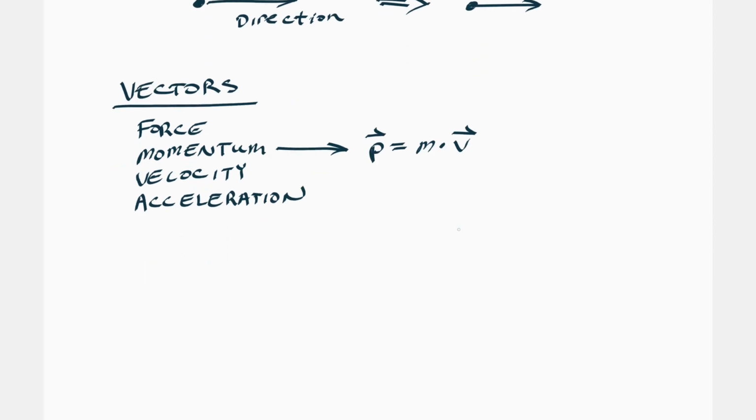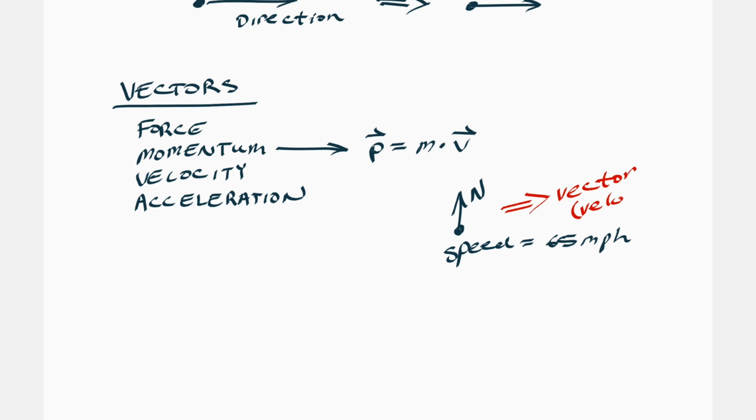You have just described that dot for speed. Speed equals 65 miles per hour. But if you say on the phone instead, I'm going north at 65 miles per hour, then you have described a vector, and that is velocity. Specifically, you have described the velocity vector.